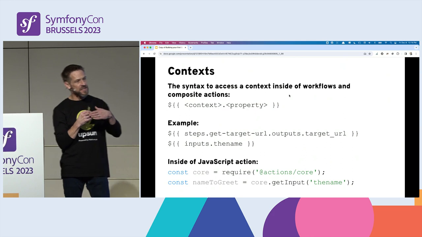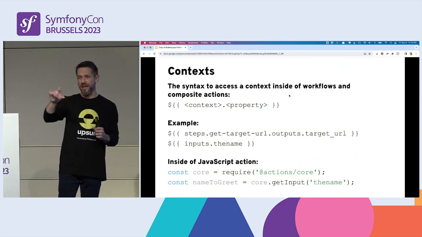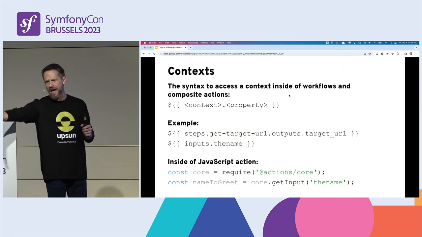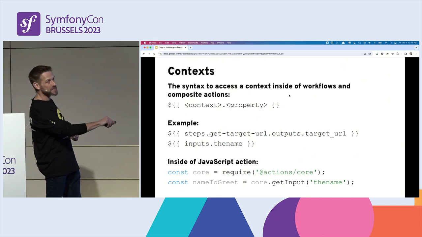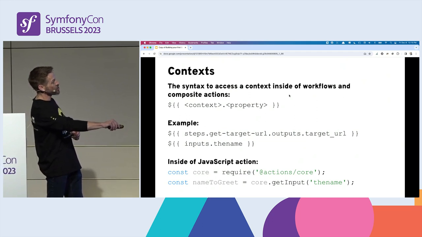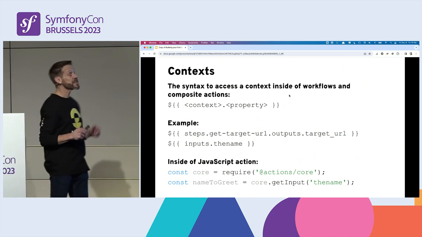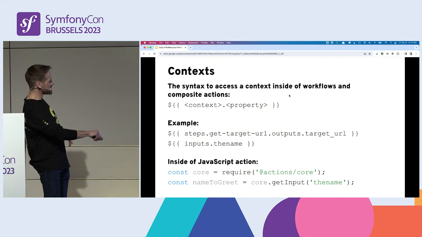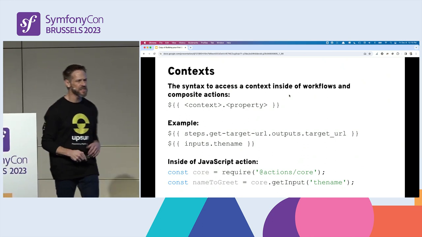Then the properties themselves can either be the string values that you're looking for, or they can be other objects, and you can dig further and further down until you get to the context that you need, such as accessing a steps context where I access a specific ID of a step. Then I target its outputs, which we're going to talk about in a second. I target its outputs context to get the value contained in the target URL ID. If you're using JavaScript, they have this nice little toolkit that then exposes those various contexts via methods.